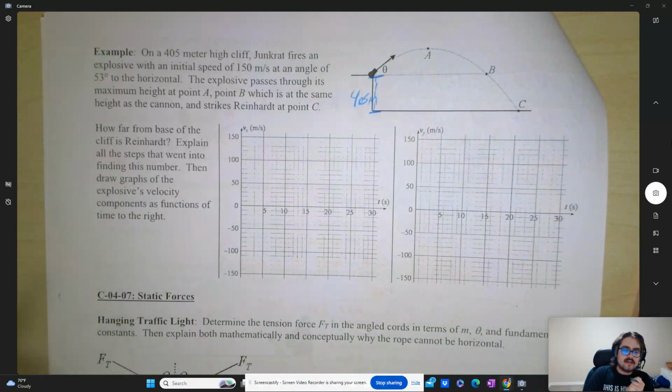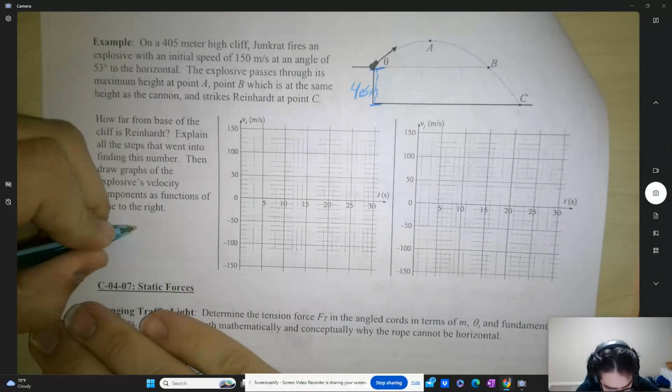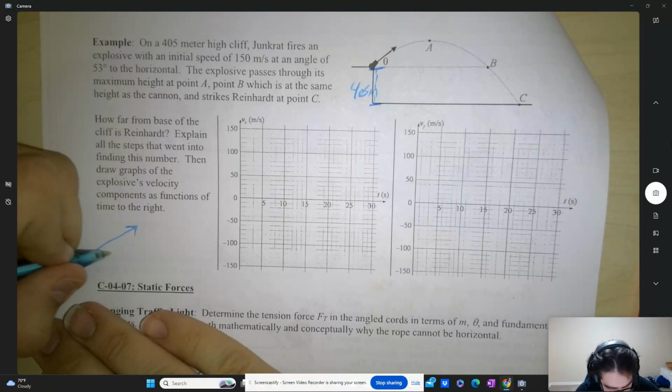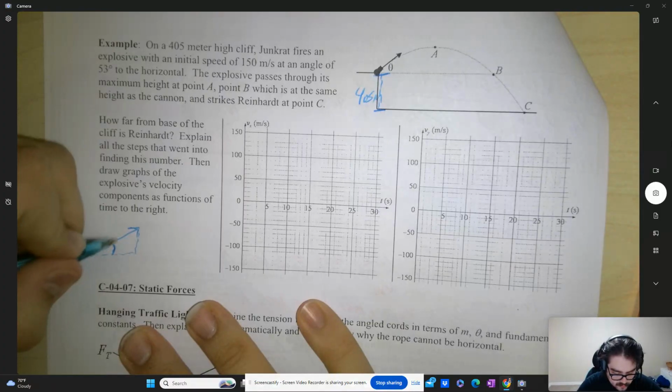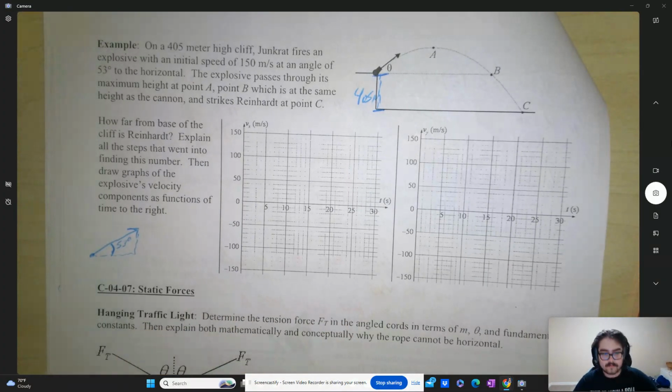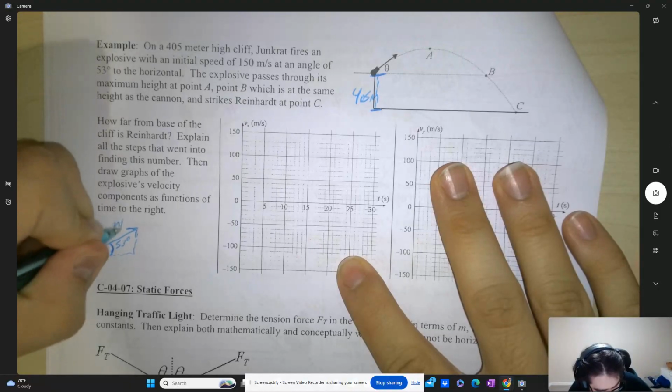So then we need to figure out the components of the velocity. Here's the angle, we're given the angle is 53 degrees, and this is 150 meters per second.